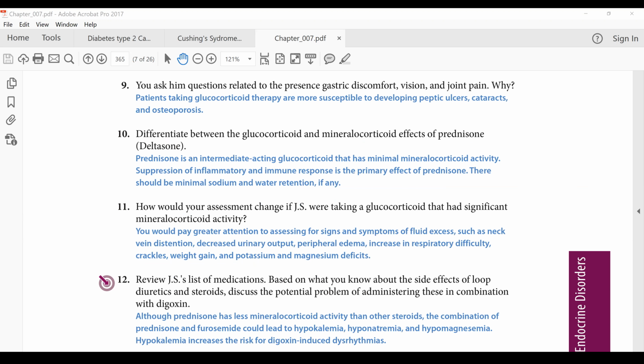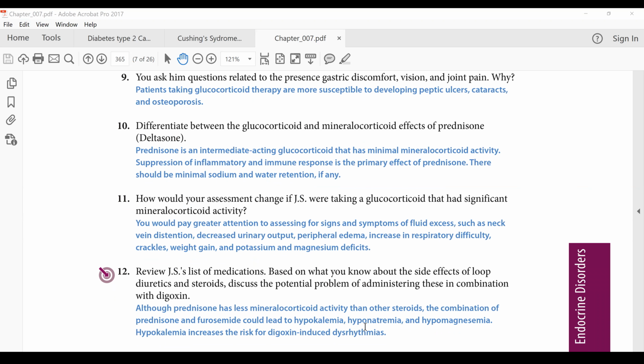Hypokalemia will increase the risk of DIG toxicity or DIG-induced dysrhythmias. When we get to fluid and electrolytes, that's going to come back up. For right now, just understand that if we add combinations of these meds, we can have electrolyte imbalances.